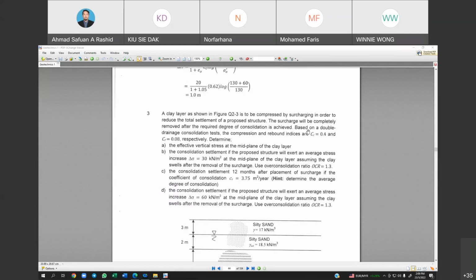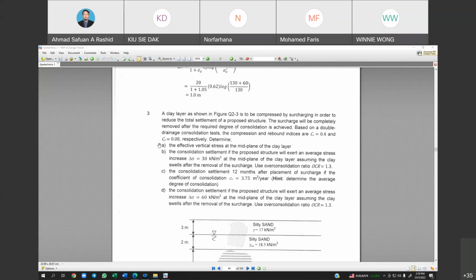Based on a double drainage consolidation test, the compression and rebound indices are Cc 0.4 and Cr 0.08 respectively. So A, B, C, and D.